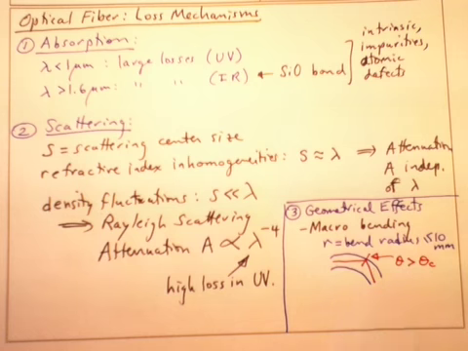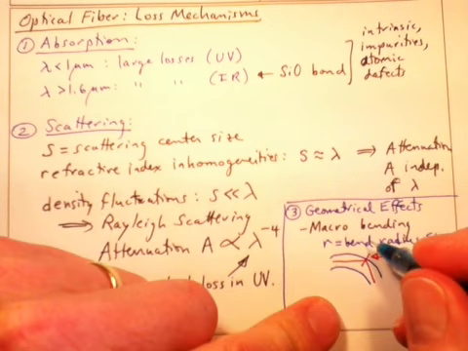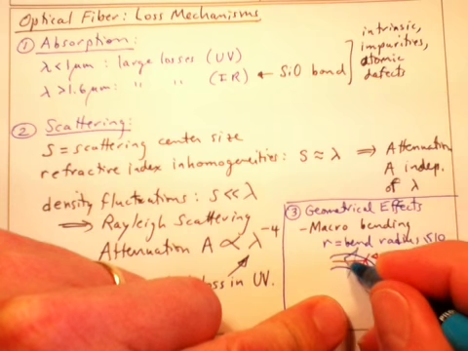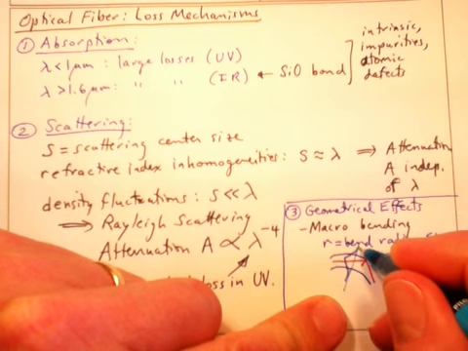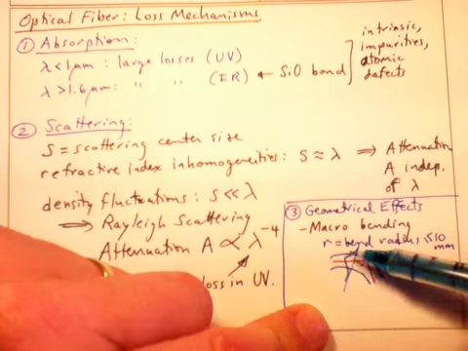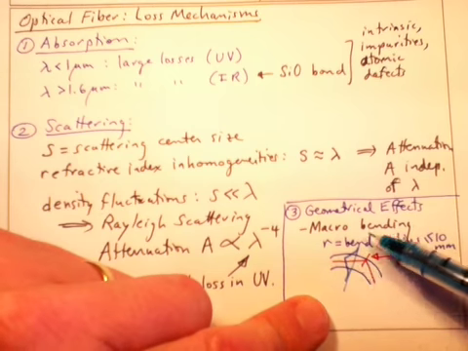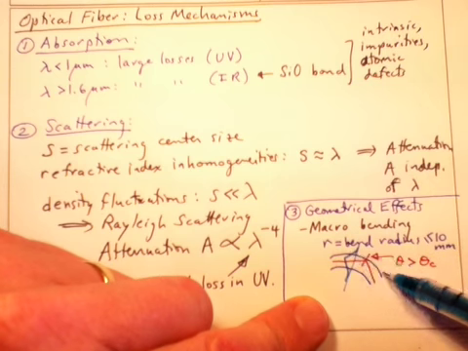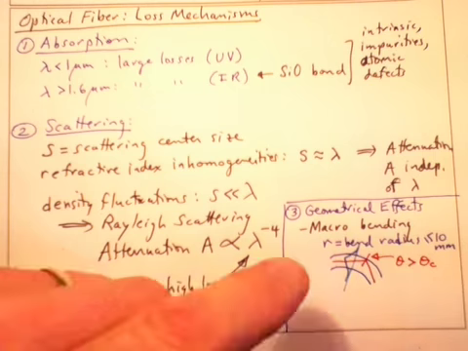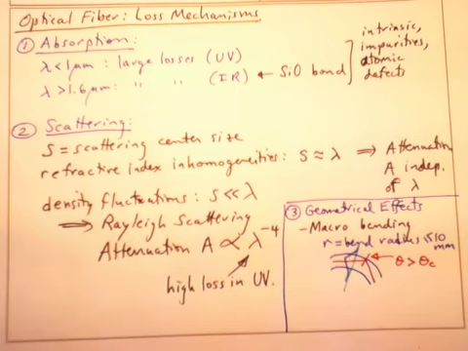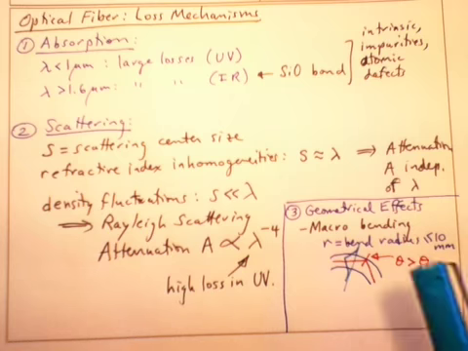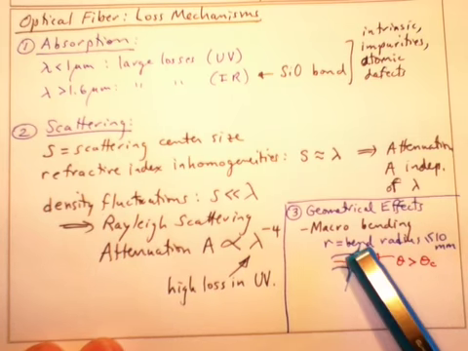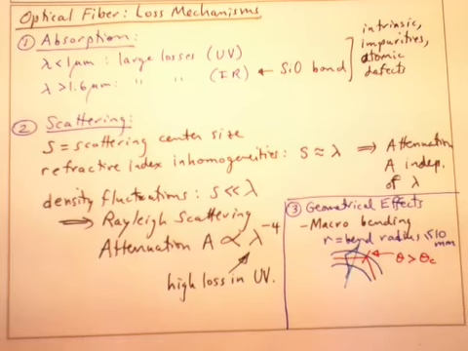Another way to interpret that is to think of the lowest order mode profile going around that bend. You can also interpret the macro bending losses as the velocity needed to go around that larger bend radius exceeding the speed of light, in which case obviously you can't sustain that mode, and so the mode loses power.